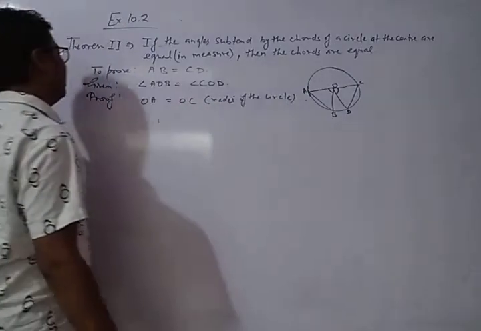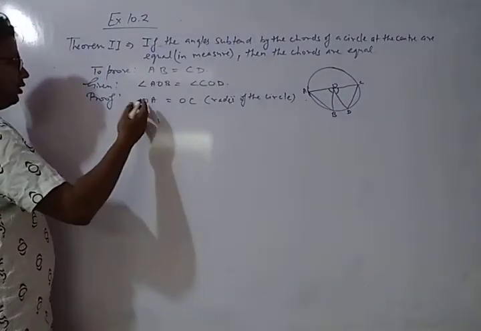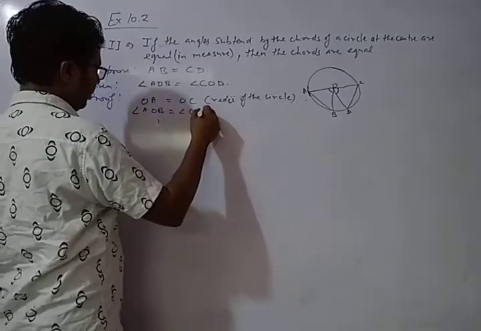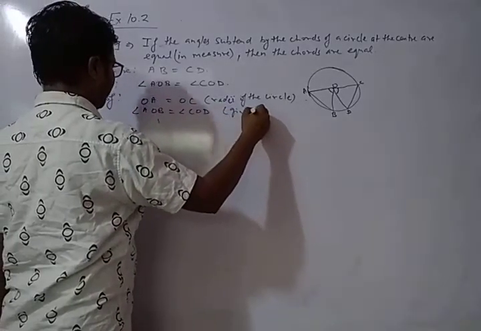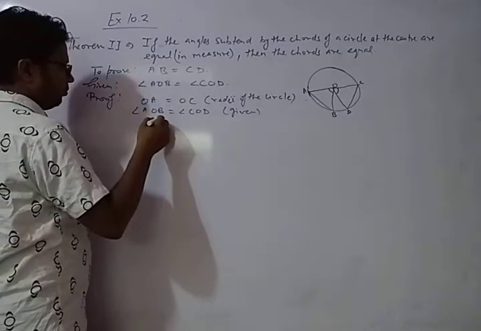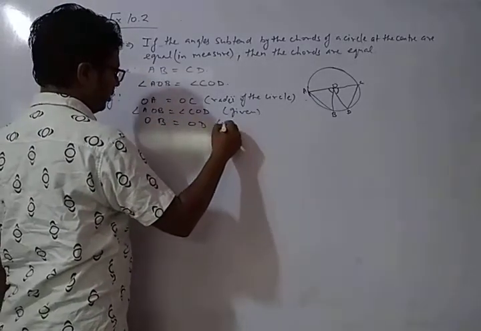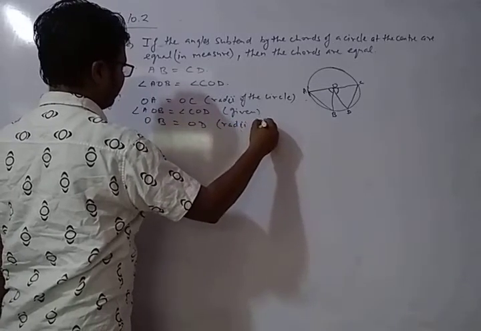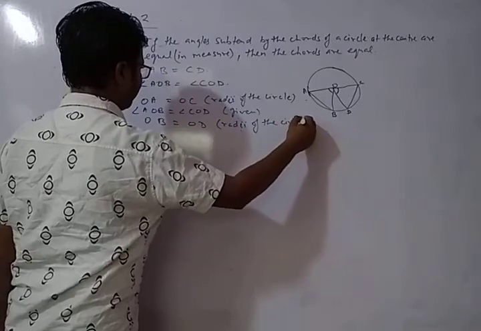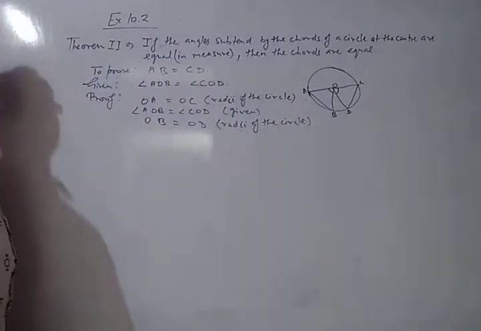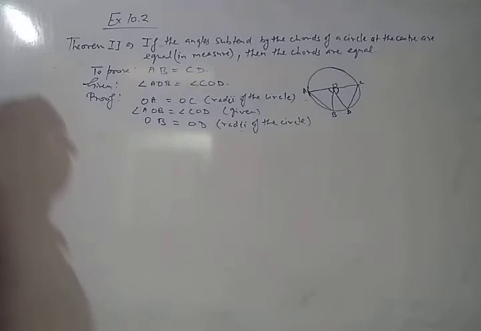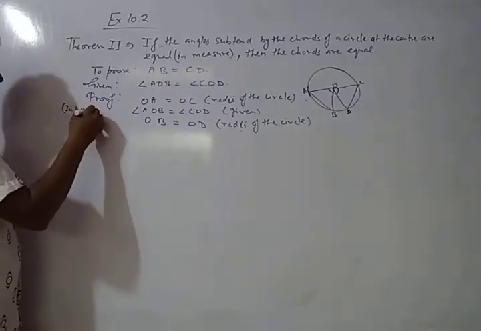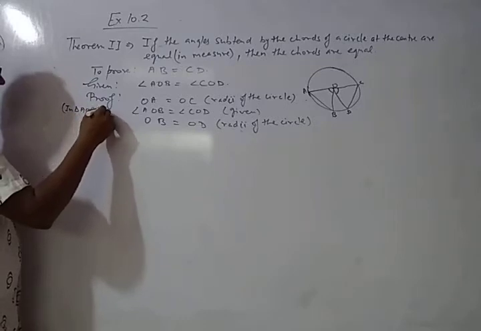As all the radii are equal in measure, then angle AOB is equal to angle COD, that is given, and OB is equal to OD, same radii of the circle. Now the same triangles we have taken: triangle AOB and triangle COD.